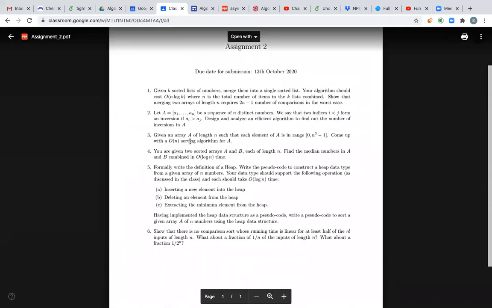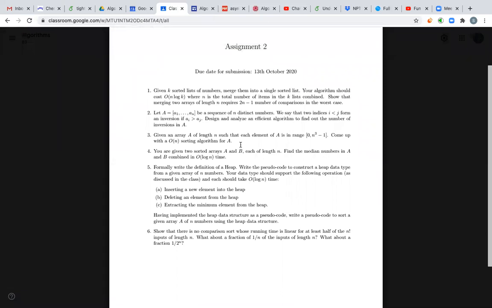Third question, where is the element? No, this is worst case. This is worst case. Oh, okay.